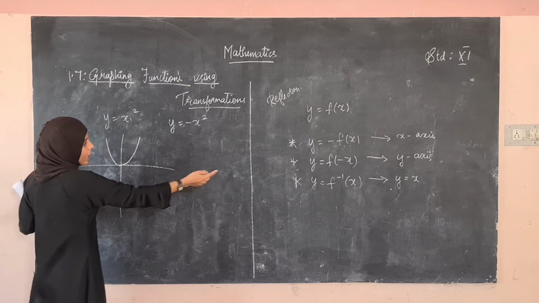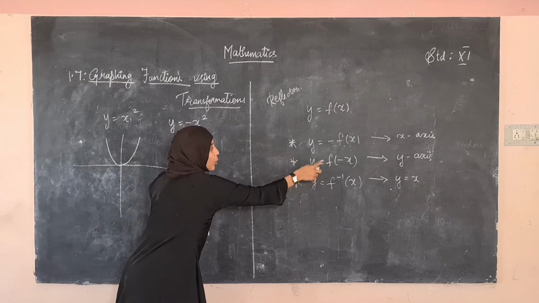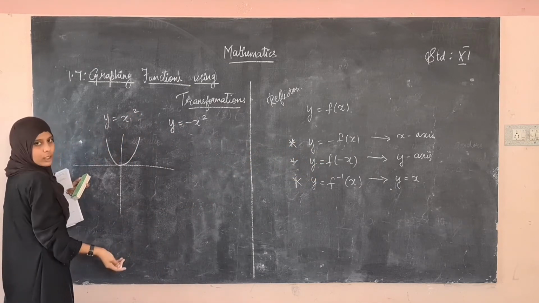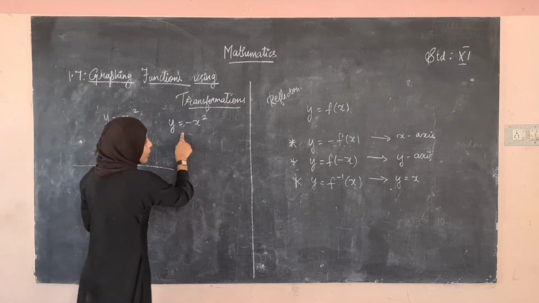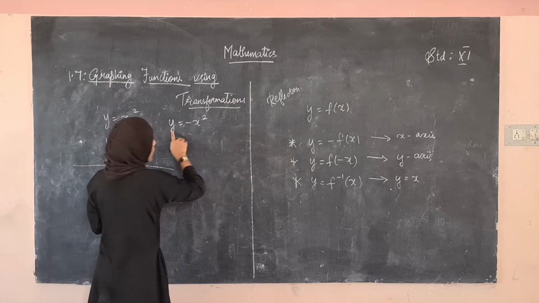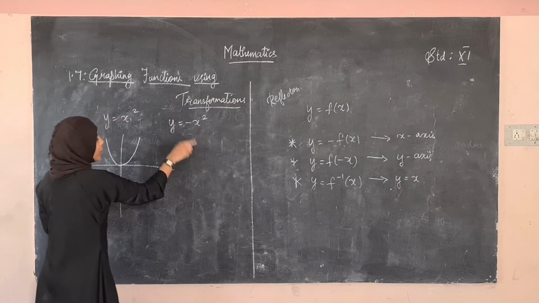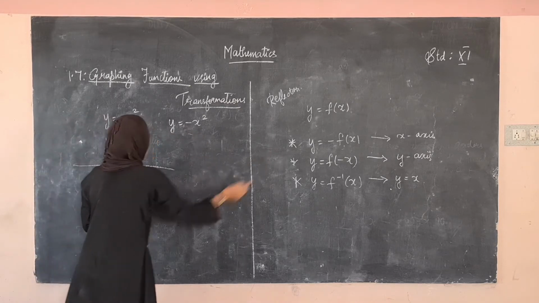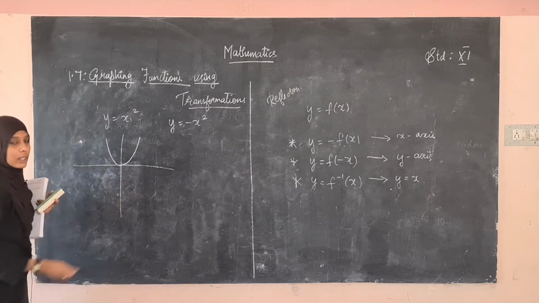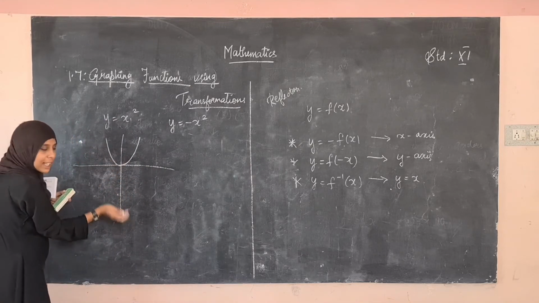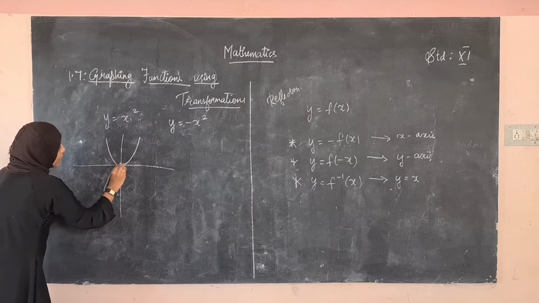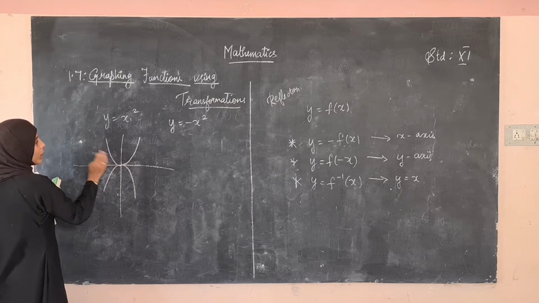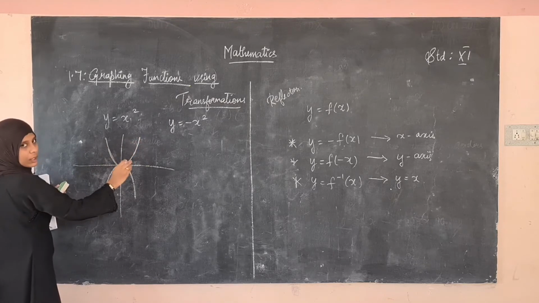If we put minus for x, y is equal to f of minus x, this becomes y is equal to x square itself. But here what we have used is y is equal to minus f of x. f of x is x square, so minus of f of x. So it is reflected over the x-axis, that is, the graph becomes like this. If it is symmetric over the y-axis, it will be like this alone.